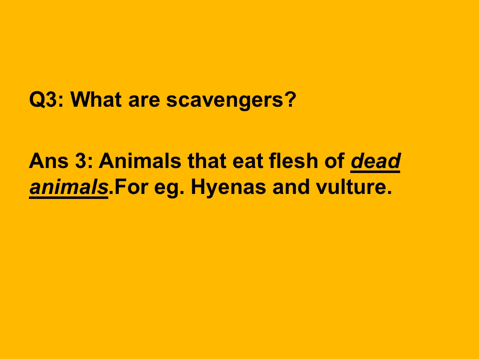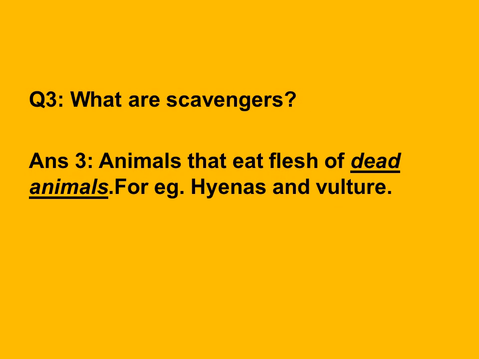Next question is, what are scavengers? Now scavengers, as we discussed, what do they eat? They eat the flesh of dead animals. So that is the answer, animals that eat flesh of dead animals. Example, hyena and vulture. It was discussed that hyena and vulture do not hunt their own food.